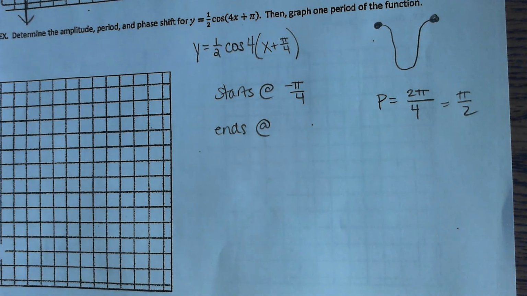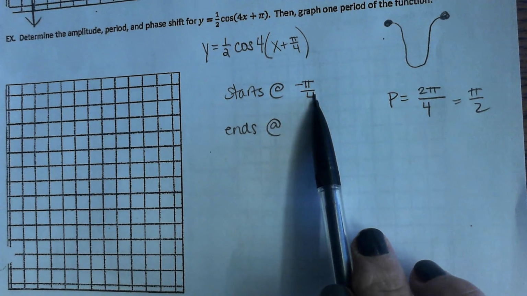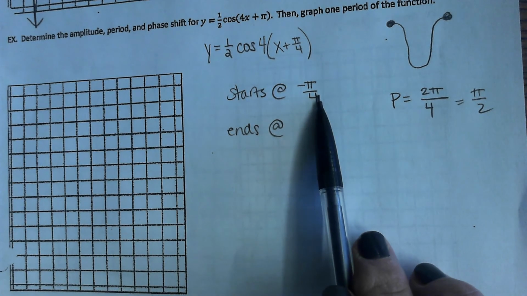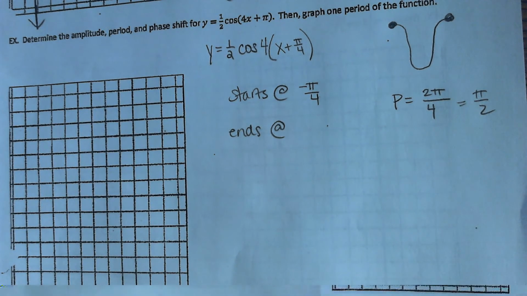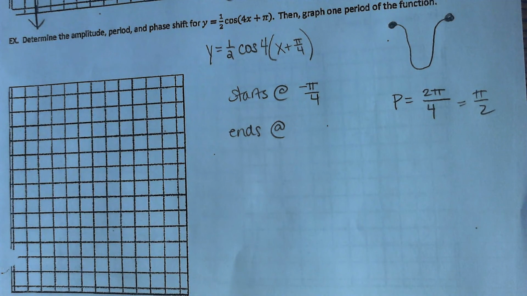So if you added pi over 2 onto this, where is that? Negative 1/4 pi plus 1/2 pi puts you where? Right? Positive pi over 4.